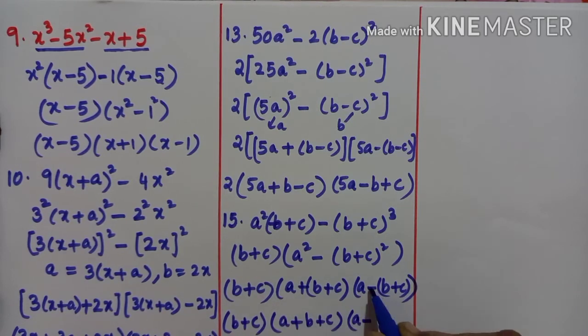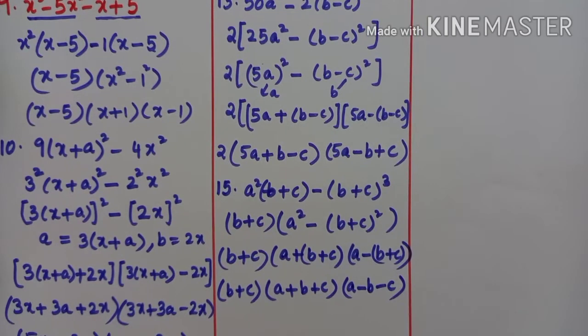Here a minus, then minus into plus will be minus, so a minus b minus c. You can see b plus c into a plus b plus c, then a minus b minus c. You just have to be very careful with the signs in every problem.